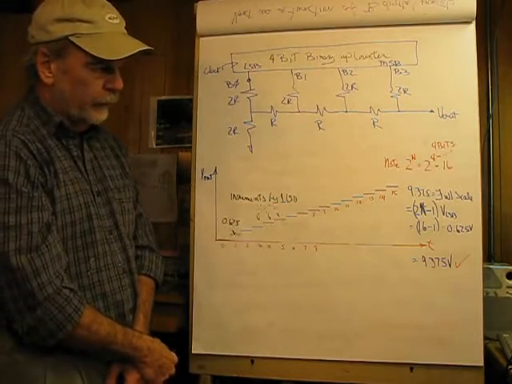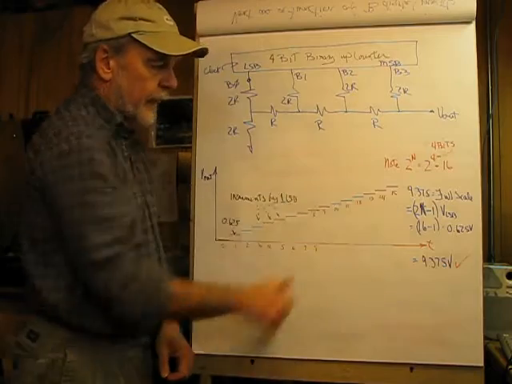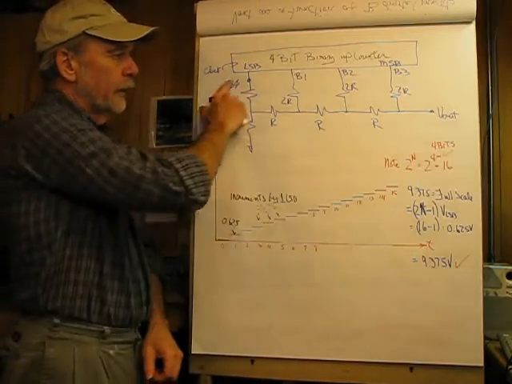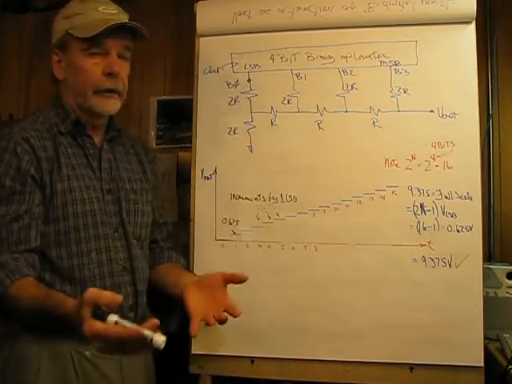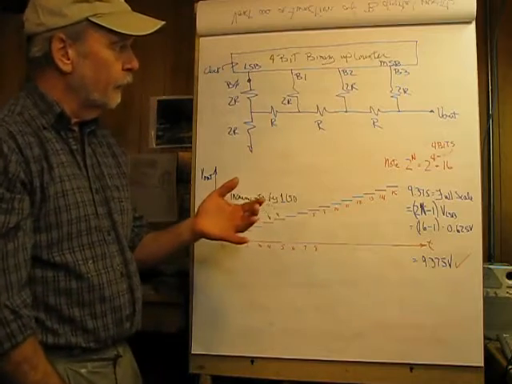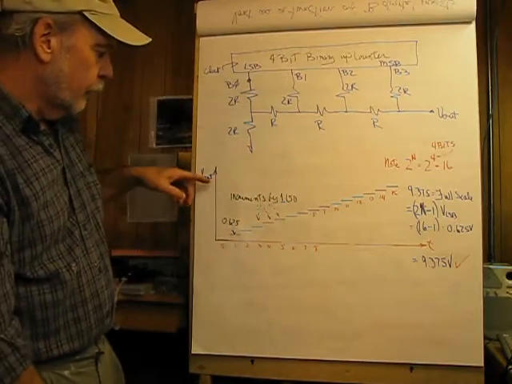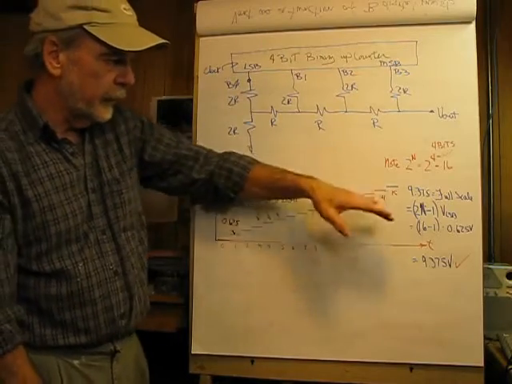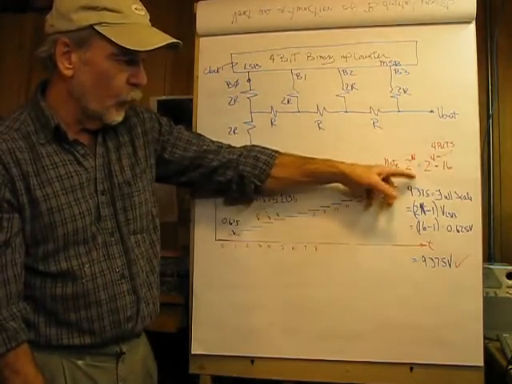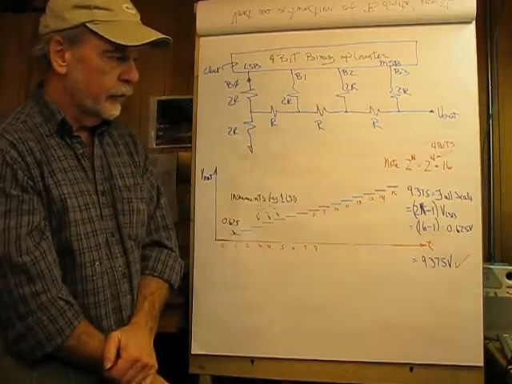We end up with a full scale of 9.375 when the input to the R2R, or contrarily, the output of the 4-bit binary counter, is all 1s. Our full scale range here would be 10 volts, so it would be 1 LSB less than 10 volts.